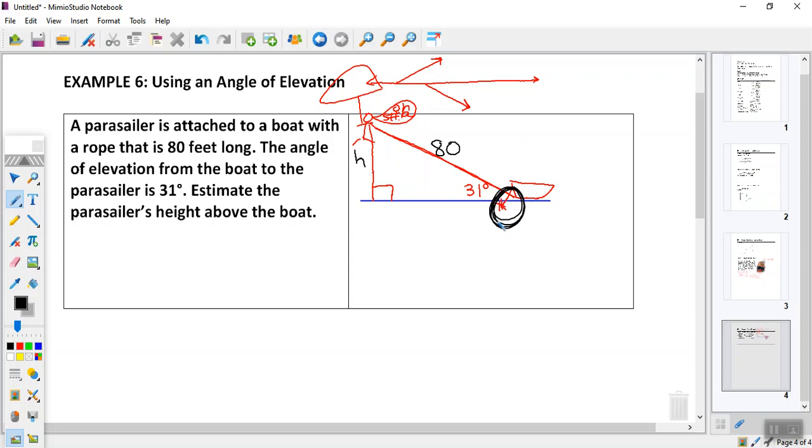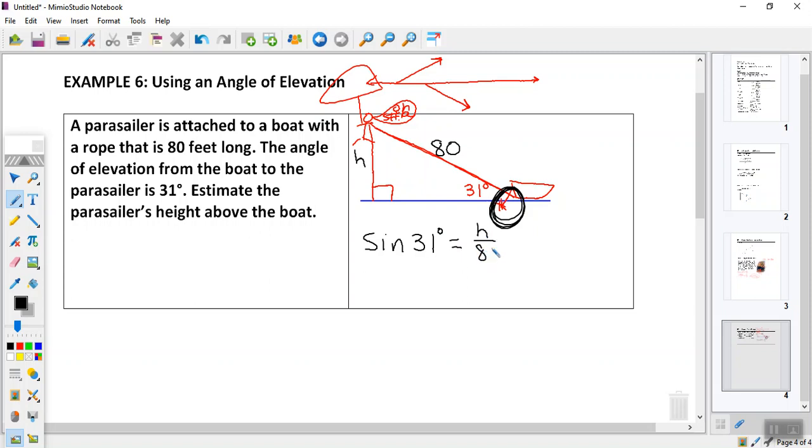How is 80 related to your reference angle? It's the hypotenuse. So which of your three simplest functions, sine, cosine, or tangent, will involve the opposite leg and a hypotenuse? So we're going to set this up as sine of how many degrees, friends? 31. Sine of 31 degrees. Definition of sine, what over what? The opposite leg over the hypotenuse. So in this case, h over 80.